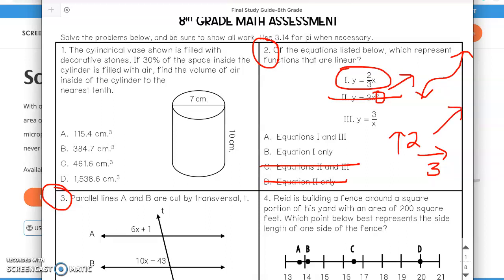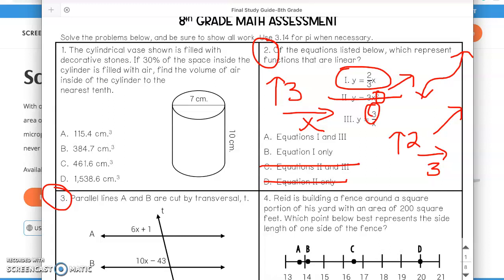Now, let's look at number 3. Number 3 looks a little weird and a little different. As you can see, it's telling me that I'm going up 3 and then over x. Now, that's not really going to help us because it can't just have that 3 on the top.